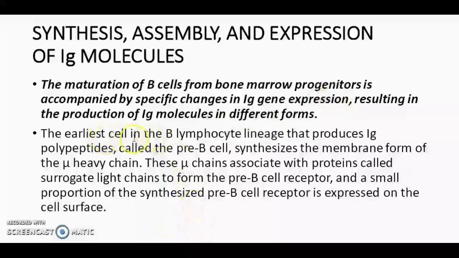The earliest cell in the B lymphocyte lineage that produce immunoglobulin polypeptide, called the pre-B cell, synthesize the membrane form of the mu heavy chain. This mu chain associated with protein called surrogate light chain to form the pre-B cell receptor, and a small proportion of the synthesized pre-B cell receptor is expressed on the cell surface.